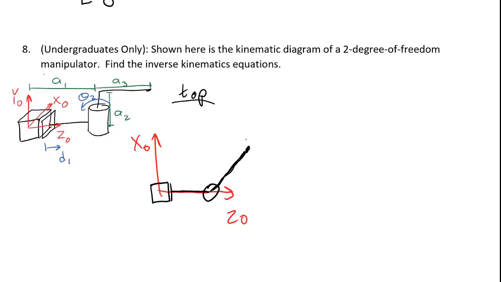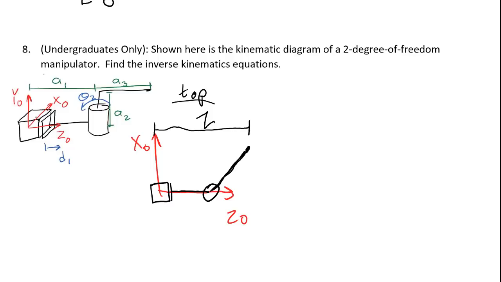Once I have this picture, I need to start to draw in the things that I know. And the things that I know, or the things that I can use as input, are the position of the end effector in the base frame and the link lengths. This distance right here is the position of the end effector in the base frame.